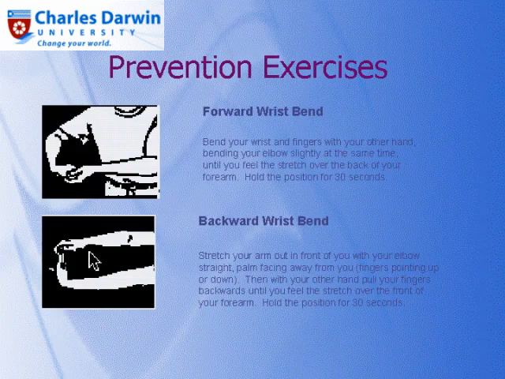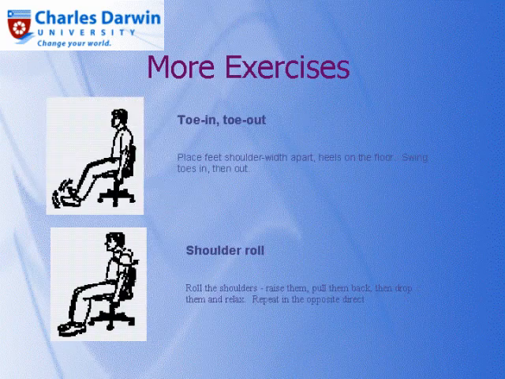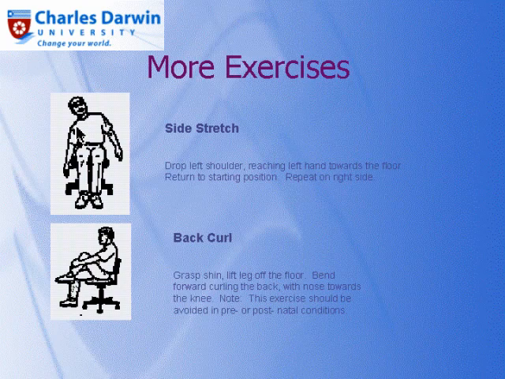So here's some of the exercises that are in the book also. So we've got forward wristband, backward wristband, side neck stretch, arm stretch. And I'll just go through some of these. I won't list them all.